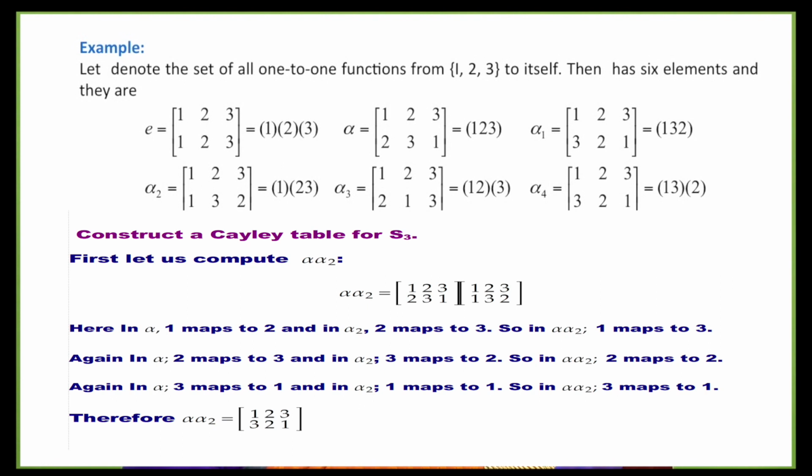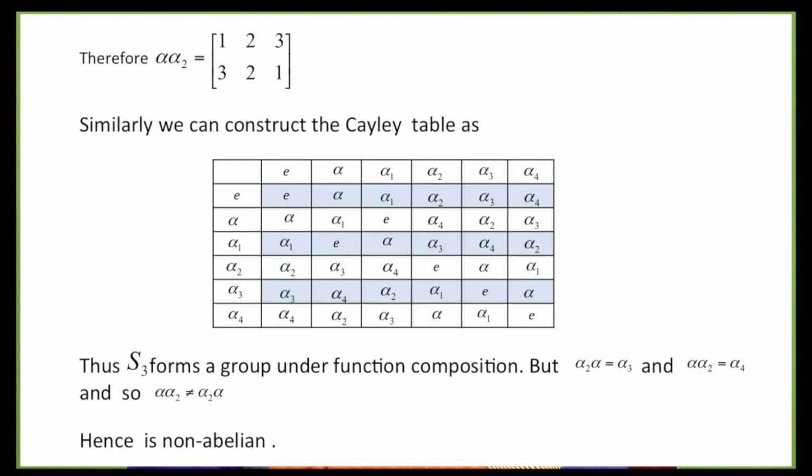Again, in alpha, 2 maps to 3 and in alpha 2, 3 maps to 2. So 2 maps to 2. Again, in alpha, 3 maps to 1 and in alpha 2, 1 maps to 1. So 3 maps to 1. Therefore, alpha times alpha 2 is the matrix 1, 2, 3 over 3, 2, 1.